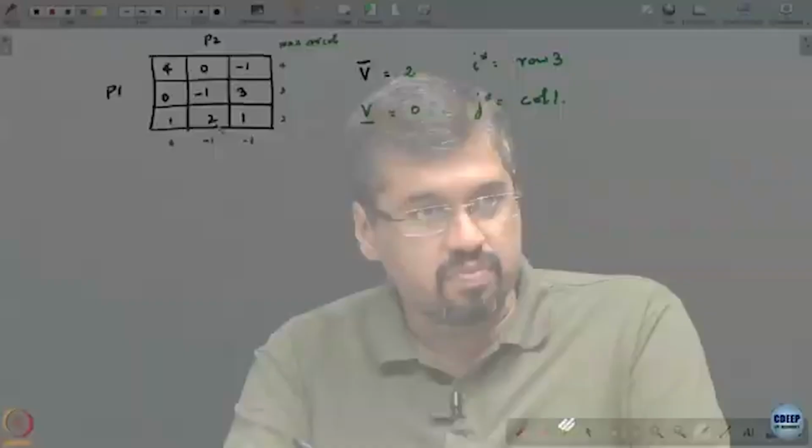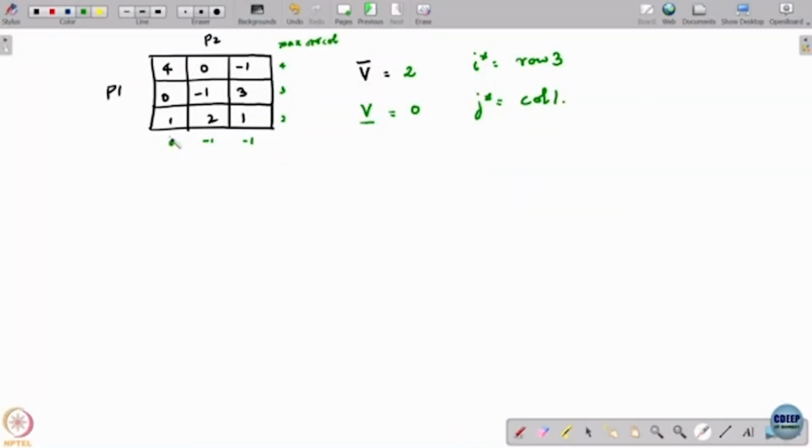It is column 2, right? If these two players had chosen i star and j star and played this way, each has a reason to regret. They would each think that, if I knew that this guy was going to play j star, I would have played differently. So if the column player had played j star, player 2 would not have played i star, right?